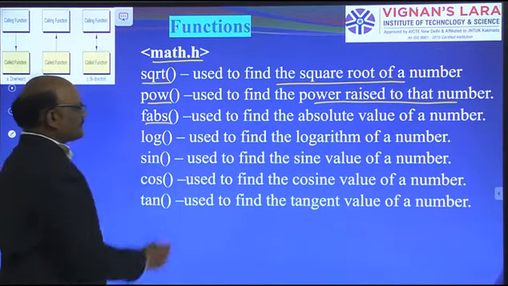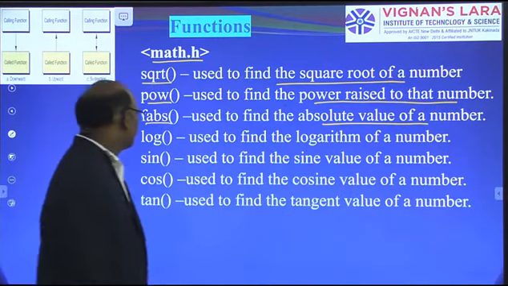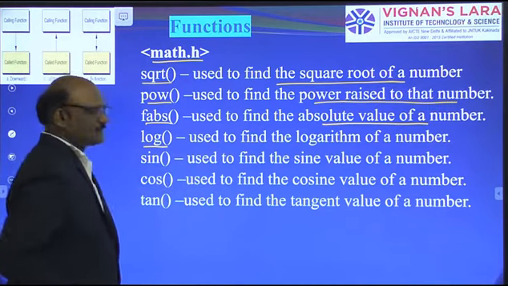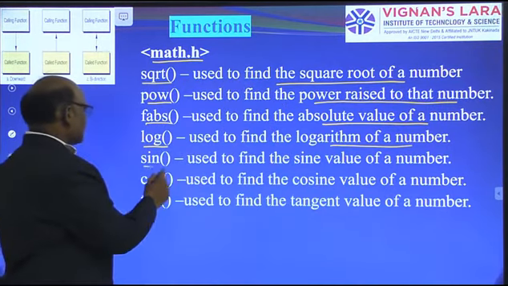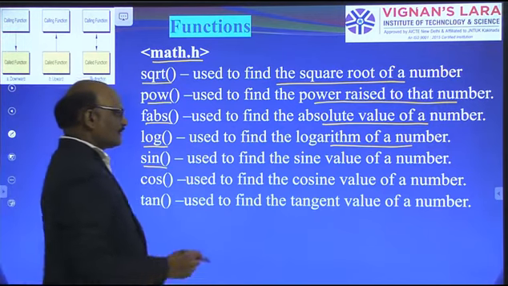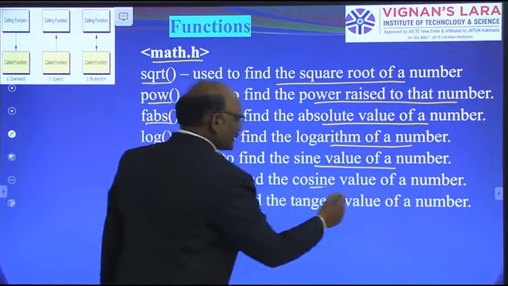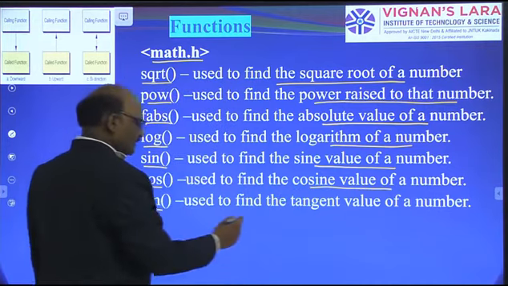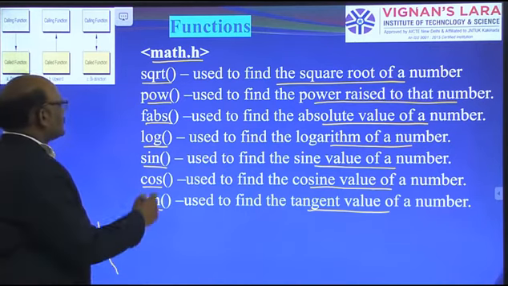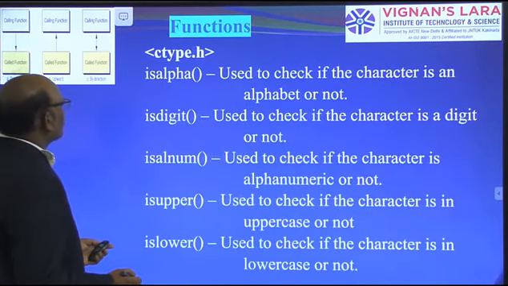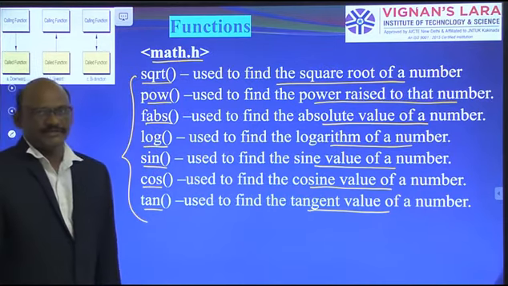Next, fabs, used to find the absolute value of a number. log, used to find the logarithm of a number. Next, sin, to find the sine value of a number. Cos, the cosine value of a number. Tan, used to find the tangent value of a number. So these are the library functions which are available in the header file math.h.